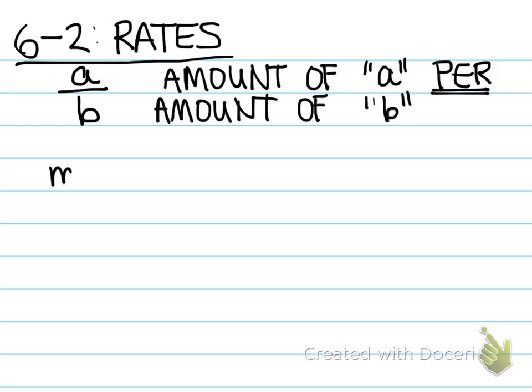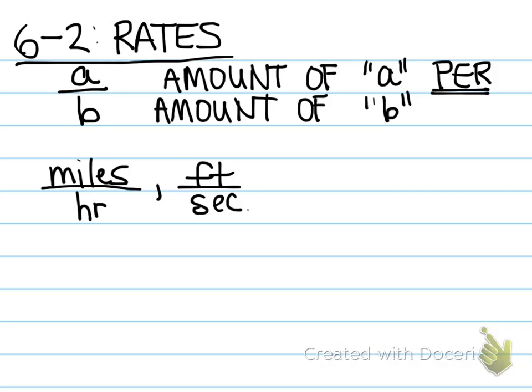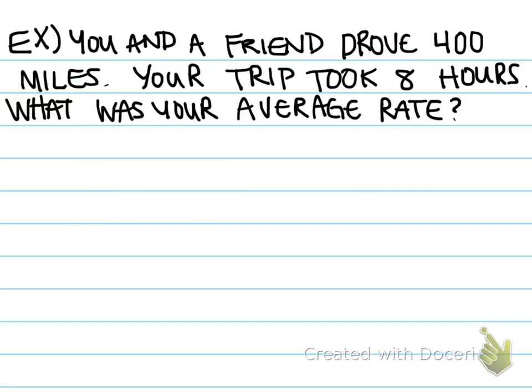For instance, we talked about miles per hour, we talked about feet per second. All of those are rates. So that's what we're going to talk about, just going a little further with some division.